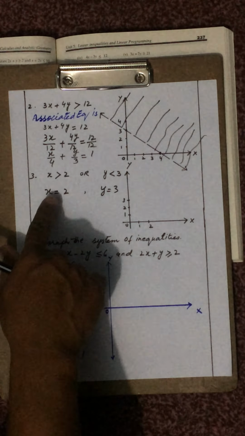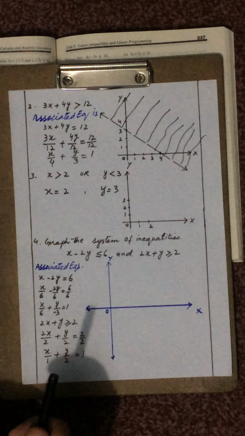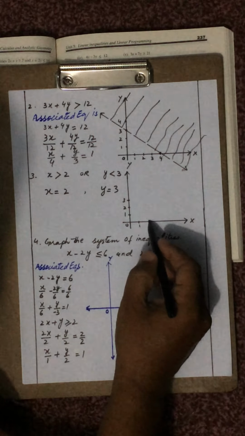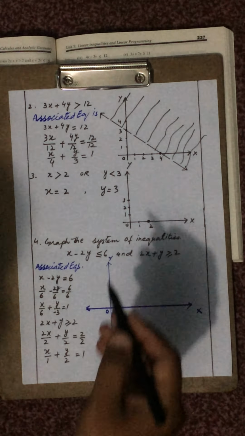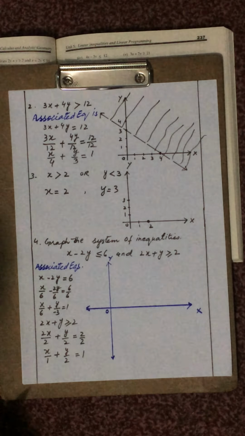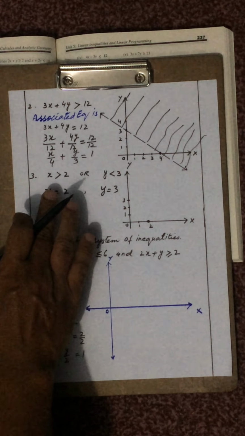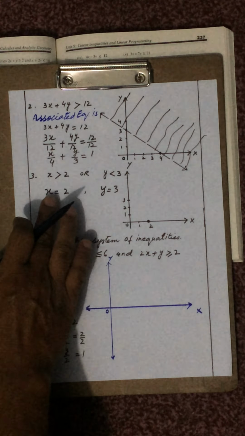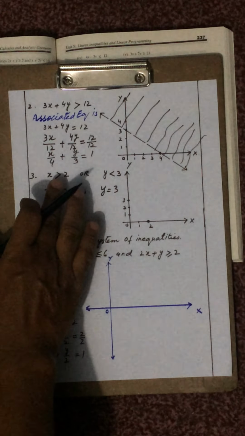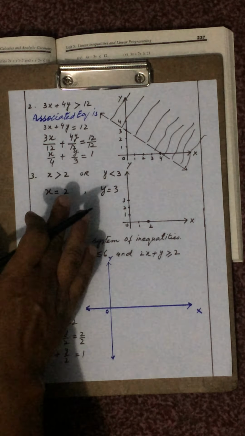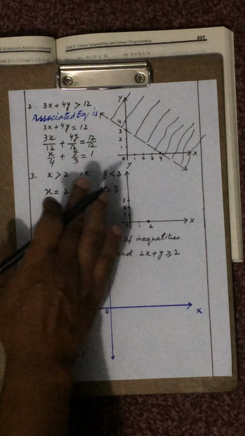Now we have x equal to 2 only. So take a point on x equal to 2 and draw the graph. Because there is no y, we draw the graph of x greater than 2 separately and y less than 3 separately.